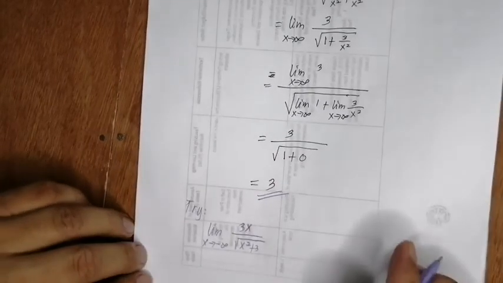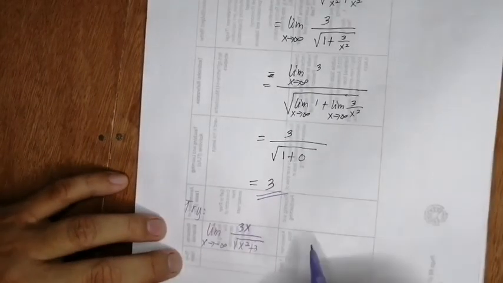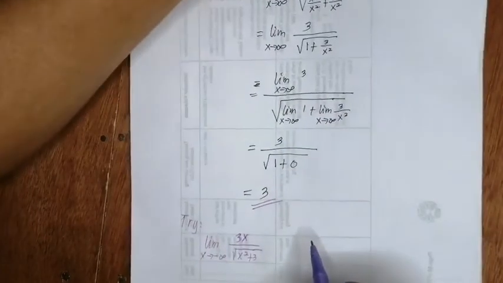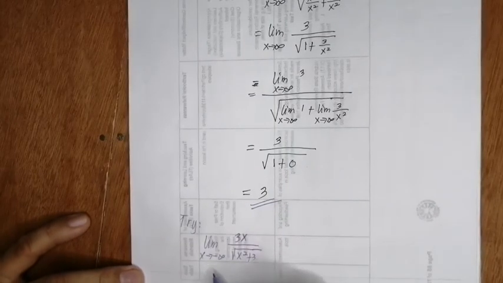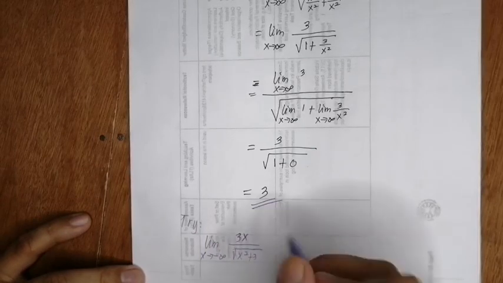Ayan, try mo to. Find the limit and identify the horizontal asymptote. Limit of 3x over square root of x squared plus 3 as x approaches negative infinity.